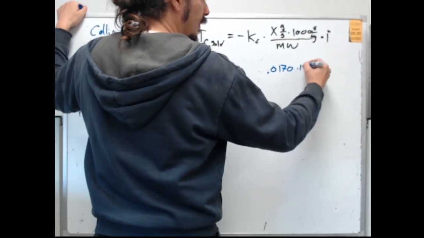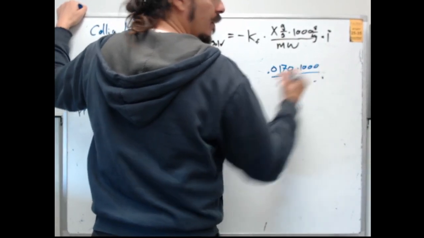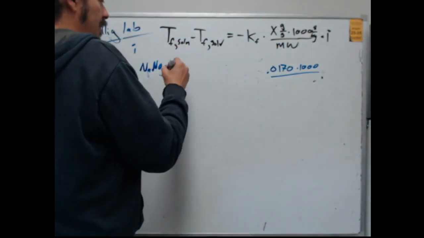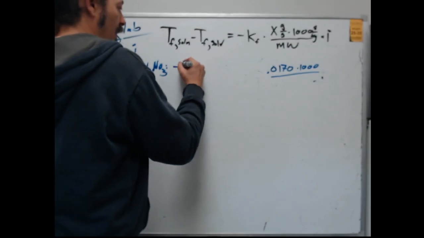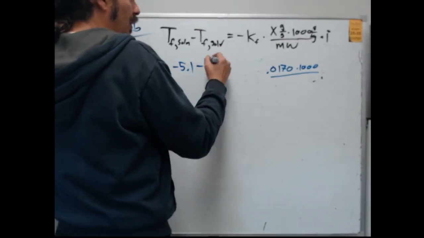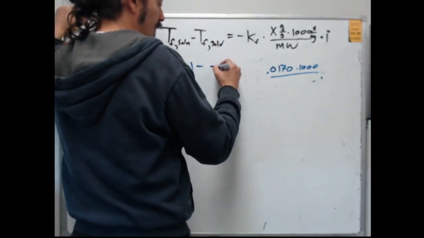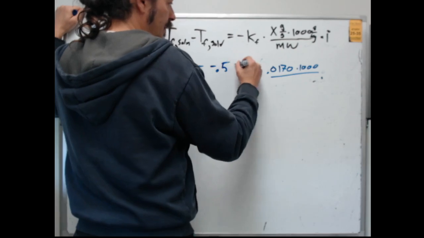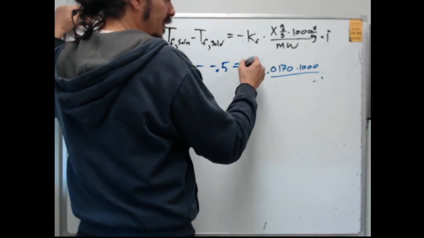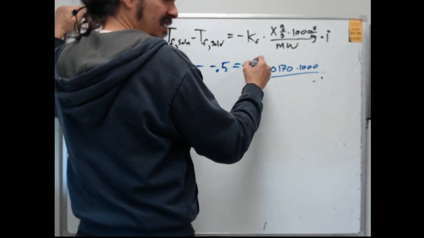And the measured freezing point of the solution was negative 5.1. What was your freezing point of water? Negative 0.5. Freezing point constant for water is 1.86? Yeah.